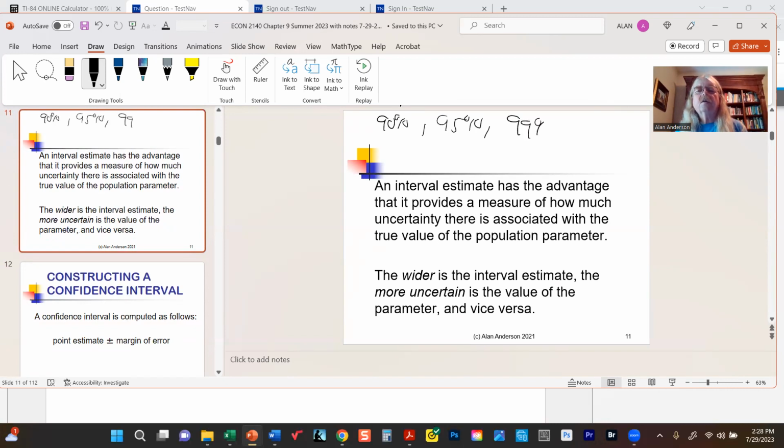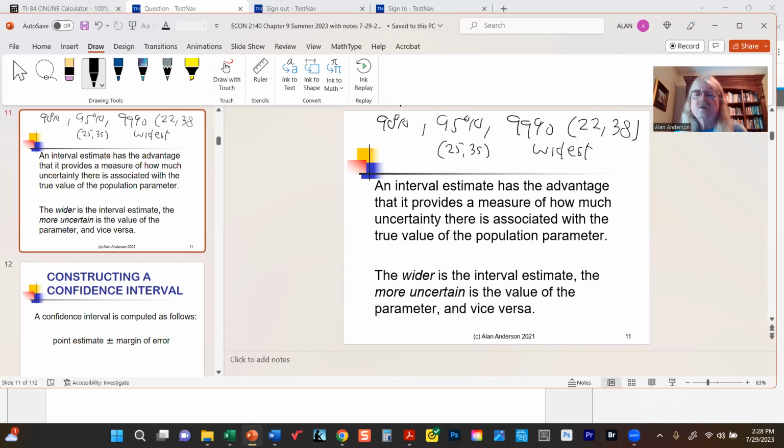Well, here's the whole idea. In order to have the highest level of confidence, this one is the widest, or includes the most values. Let's say that we're using that example before from your commuting time, and we came up with 25 to 35. In order to bump that up to 99, we have to include more values.